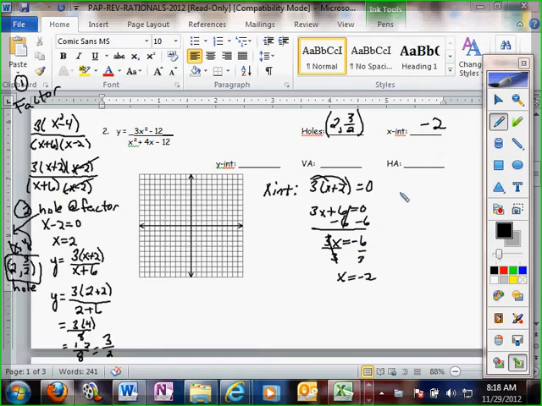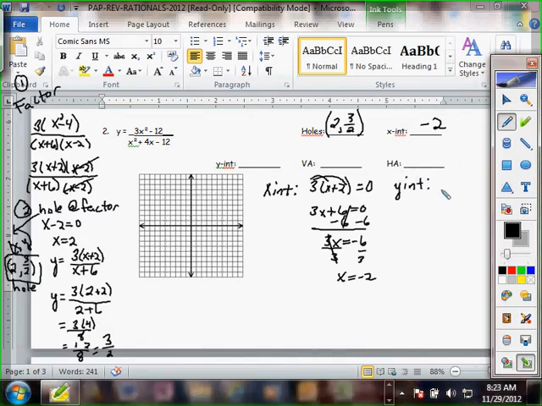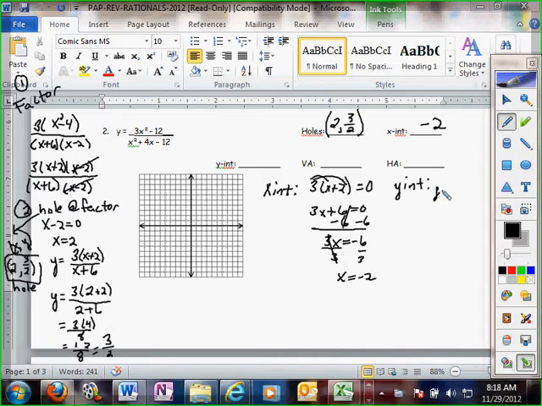Next, I'm going to find the y-intercept. To find the y-intercept, I take the part of the function of what was left. Again, it's y equals 3 times x plus 2 over x plus 6. To find the y-intercept, you substitute 0 in for x. So I have y equals 3 times 0 plus 2 over 0 plus 6.